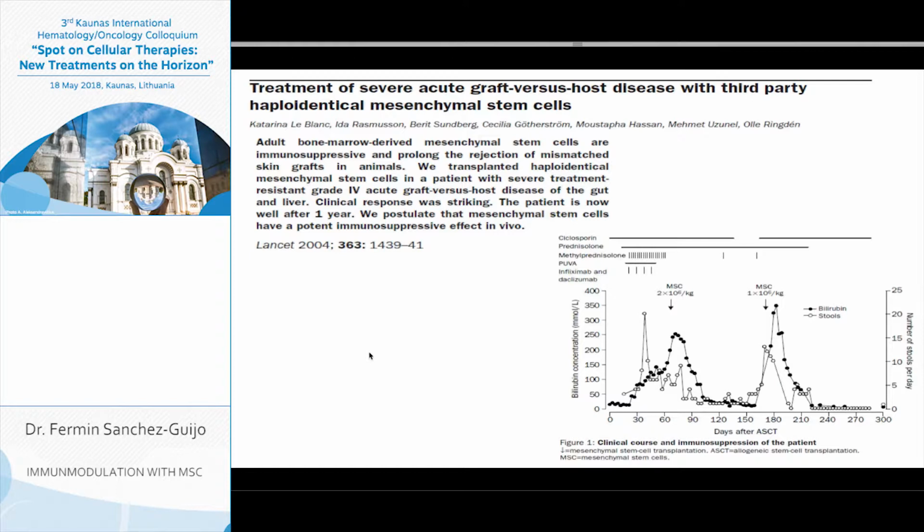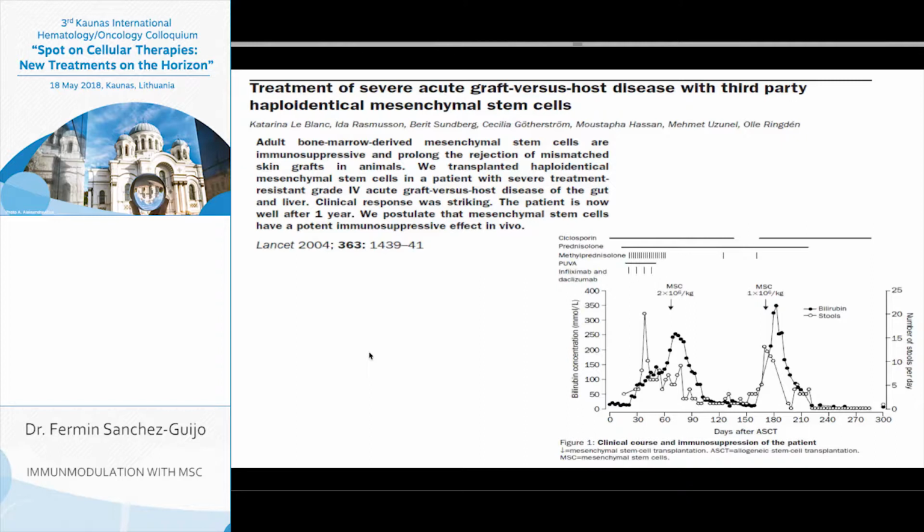The first communication, the first patient that was treated, was a child with refractory GVHD treated by Katarina, and she published this in Lancet 2004. As you can see in the slide, this patient needed a second dose of MSCs to achieve a complete remission of the refractory GVHD.